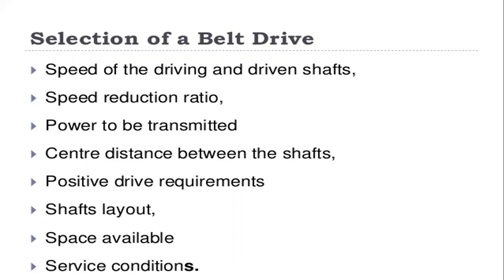The speed should not vary much between the driving and driven shafts. It should be equal or a small difference. Whenever the driver pulley speed is 100 rpm, the driven shaft speed should be 85 to 90 rpm.